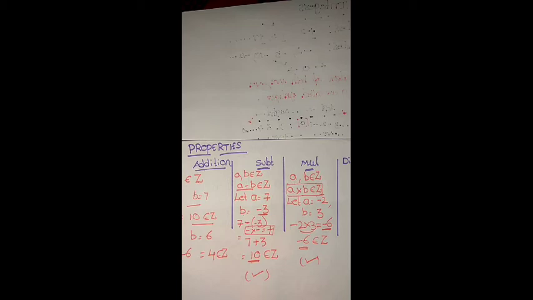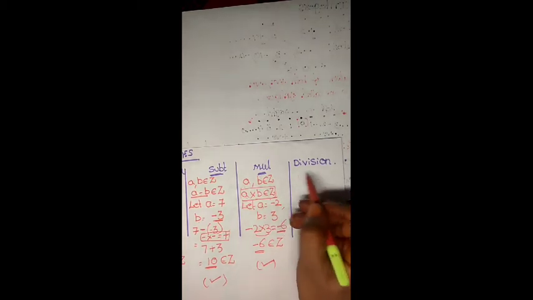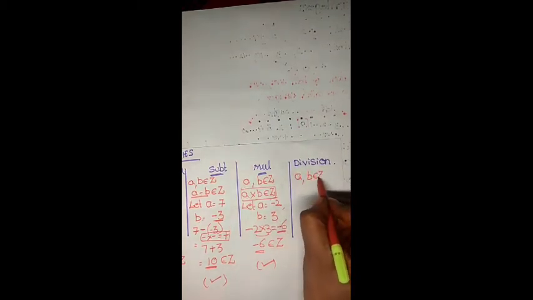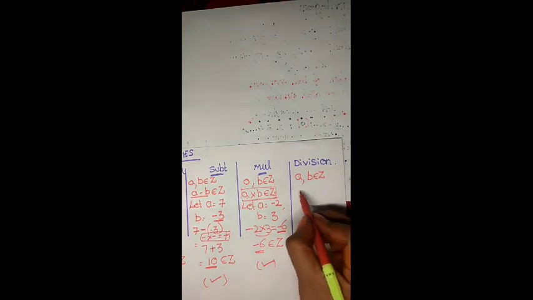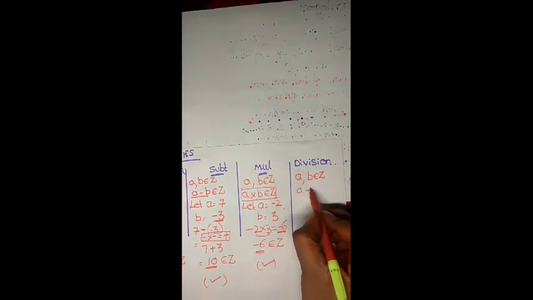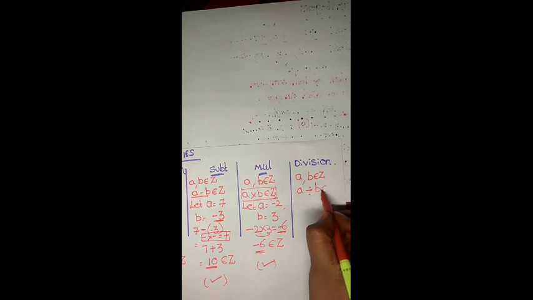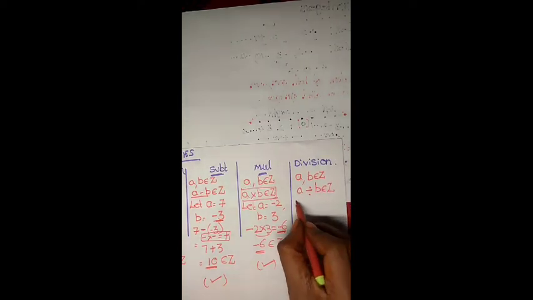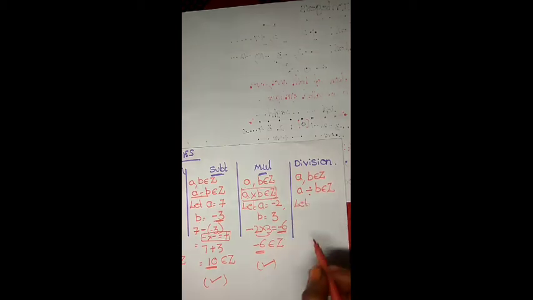So multiplication is also satisfied. Now let us go for the next one, that is division. Now we have to check the closure property of integers under division. Already we know the condition. If a, b belongs to Z, a divided by b should belong to Z. If it belongs to Z, then it is satisfied. Now let us take the values a as 7 and b as 10.